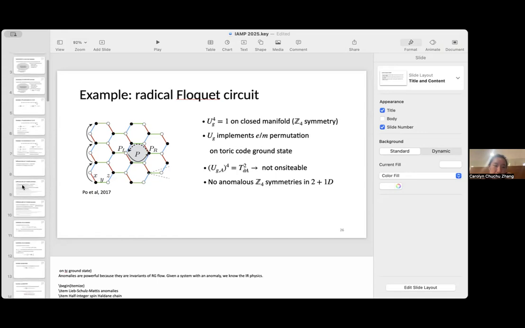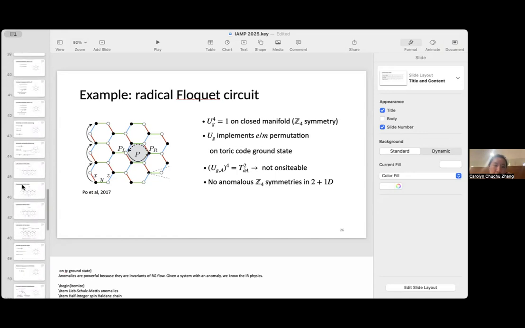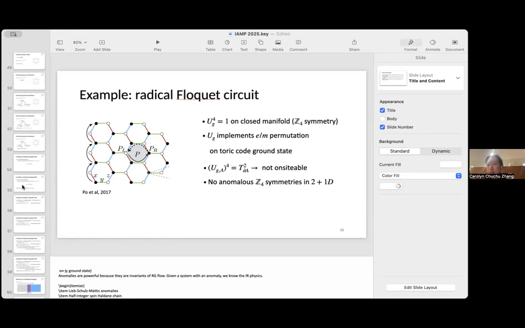And in this case, what we're showing is that in addition to an obstruction to dynamical gauging, this kind of symmetry also has an obstruction to even coupling to background gauge fields and things like that. Does that answer your question?